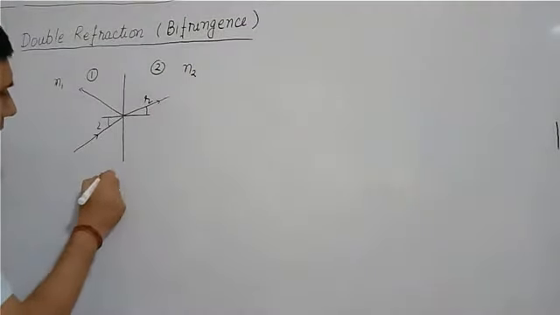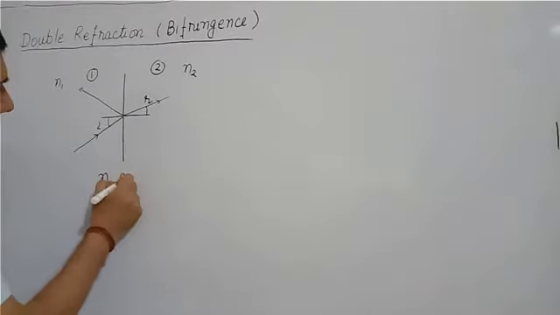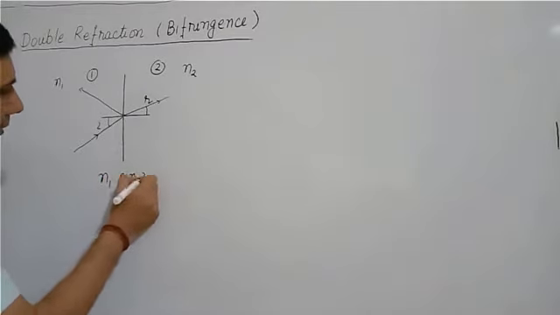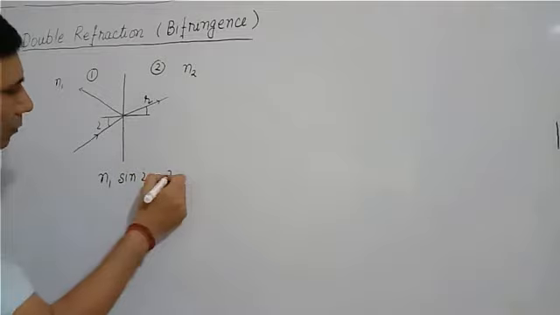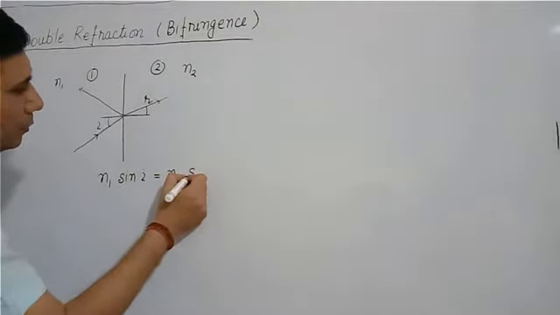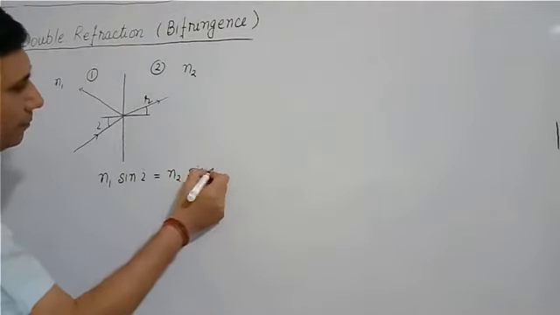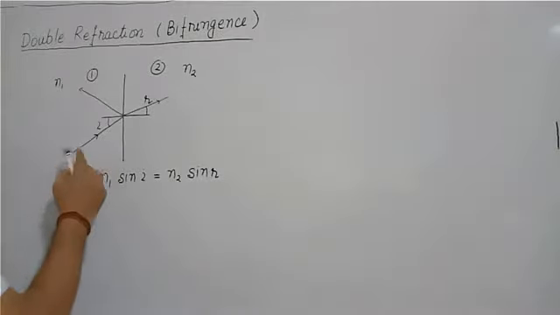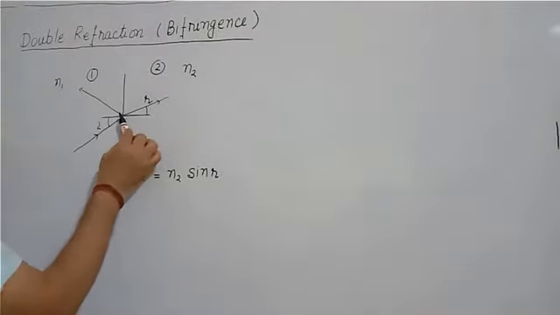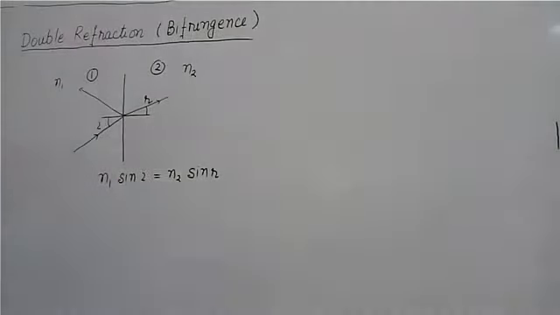So according to Snell's law, n1 sin i will be equal to n2 sin r. So in refraction, for one ray of light, there will be one refracted ray.